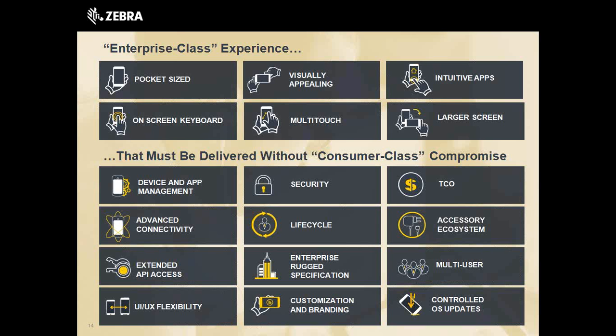Another thing that's important, especially in our environment, is the fact that a device is not owned by an individual, right? These devices are shared. And in sharing these devices, we have to make sure that they support multiple users. A user can log in and log off and so on.